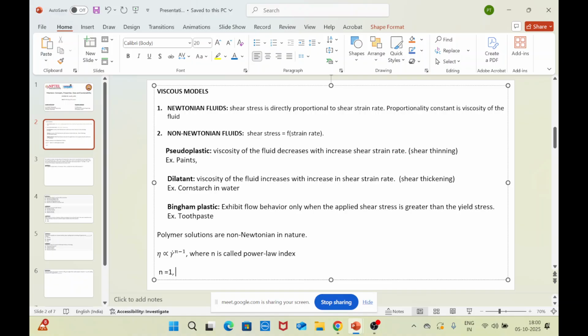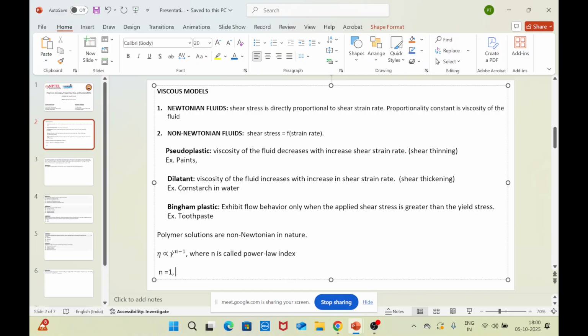If n is 1, if you put it in the above empirical relationship, viscosity is directly proportional to gamma dot to the power n minus 1. So if n equals 1, 1 minus 1 is 0, and anything to the power 0 is 1. So what it actually means is viscosity will not be a function of shear strain rate.